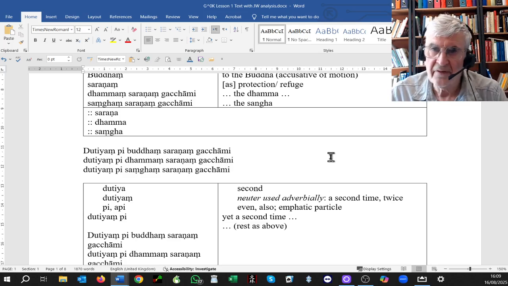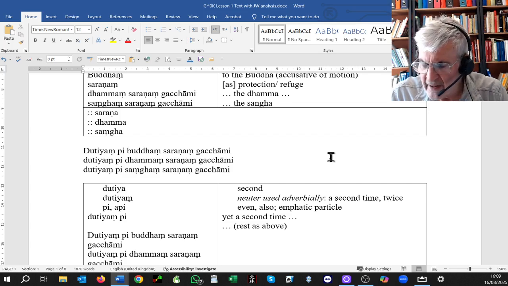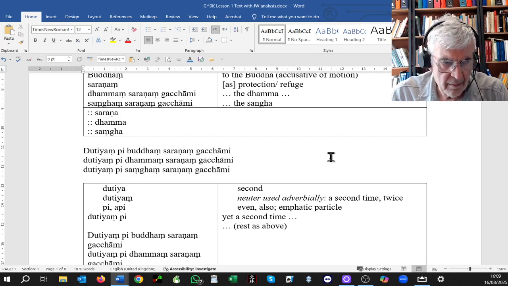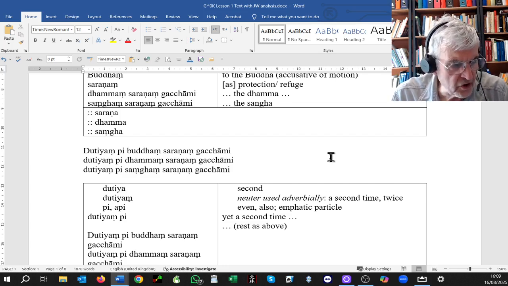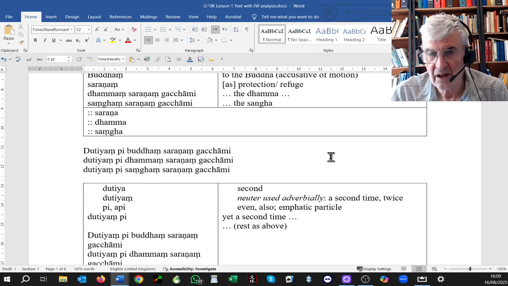Here, as very frequently, you can make an adverb by using just the neuter accusative form, dutiyam, and if you use that on its own, it becomes an adverb meaning secondly, or a second time. So dutiyang buddhang saranang gacchami, a second time I go to the Buddha for refuge.